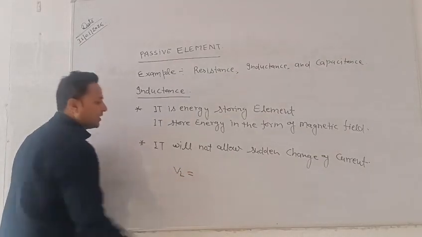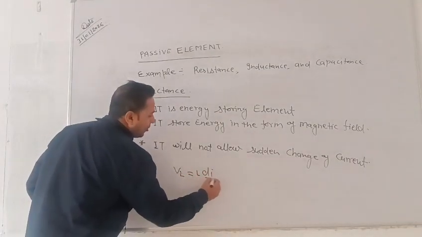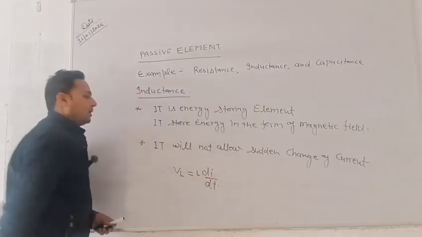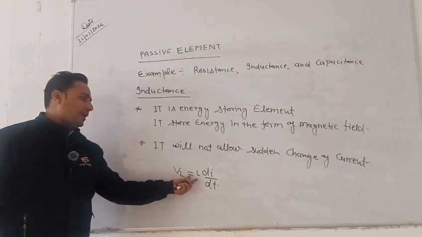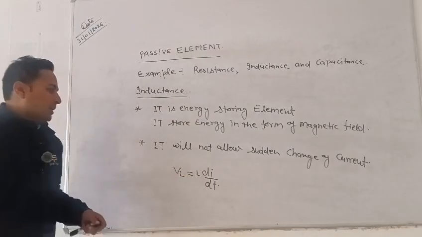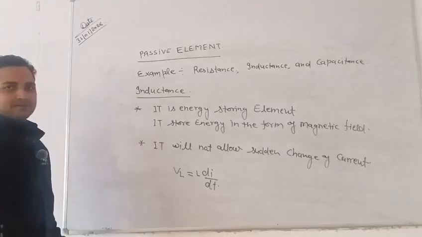Voltage across inductance is L di upon dt. This is the basic voltage equation when inductance is connected in the circuit, meaning it will not allow sudden change of current.